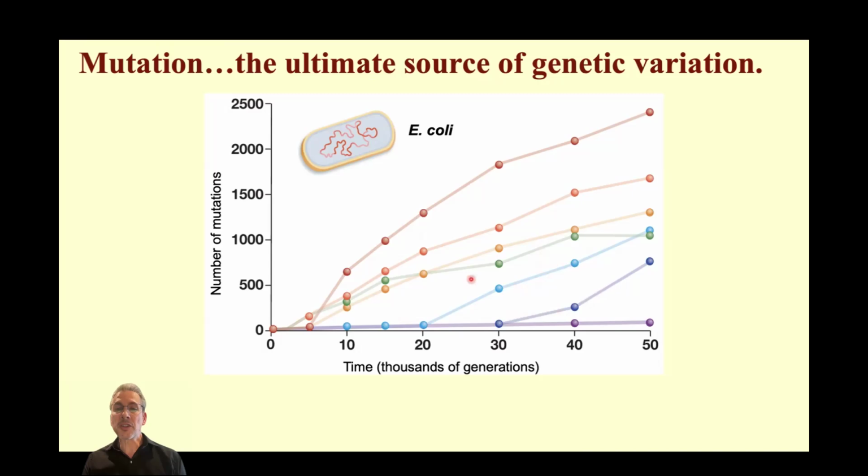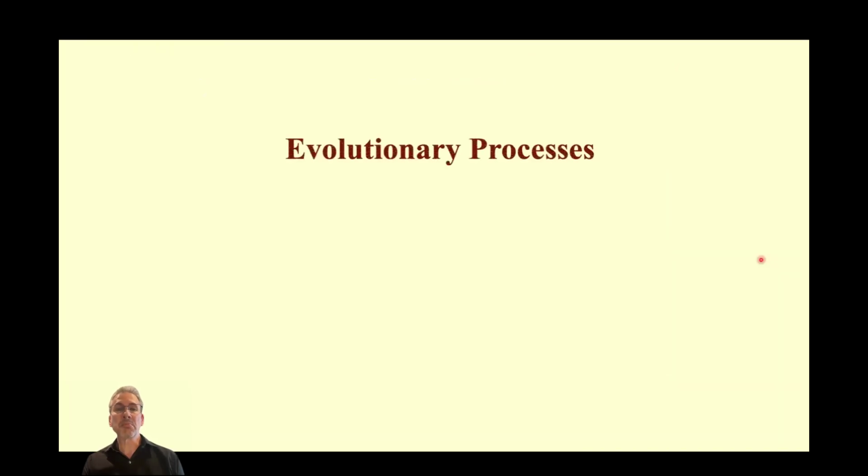And essentially each line represents the number of mutations found in a separate colony. Again, that was propagated over many thousands of generations, just illustrating how mutations can accumulate in populations over time. So that concludes our brief discussion of evolutionary processes.